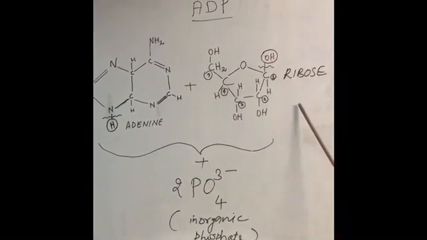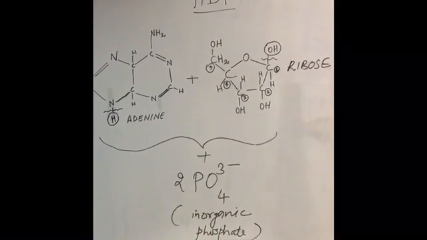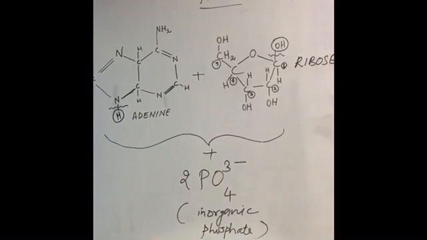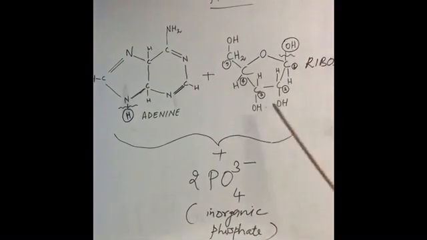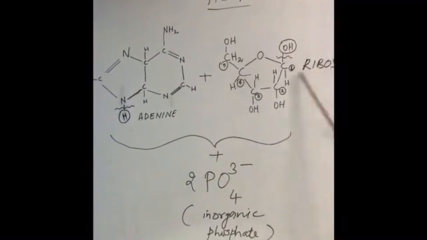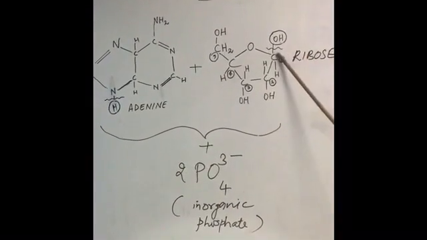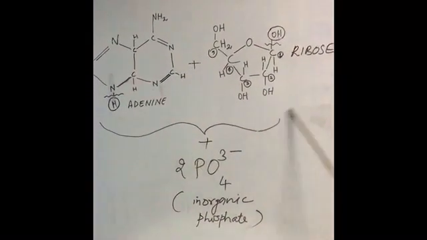Ribose is a form of sugar which is naturally present in the cyclic form, which is also found in RNA. This adenine combines with ribose. Here this H and this OH are removed, and in this place the adenine gets attached. This is how adenosine is formed.